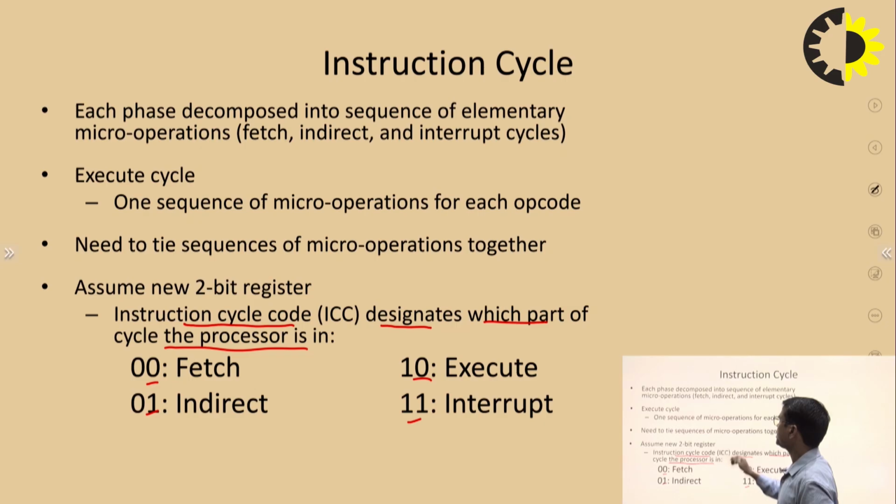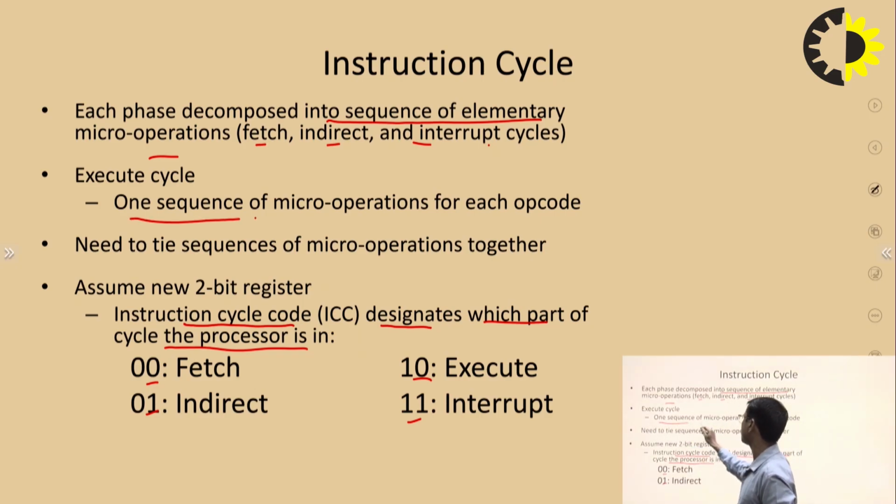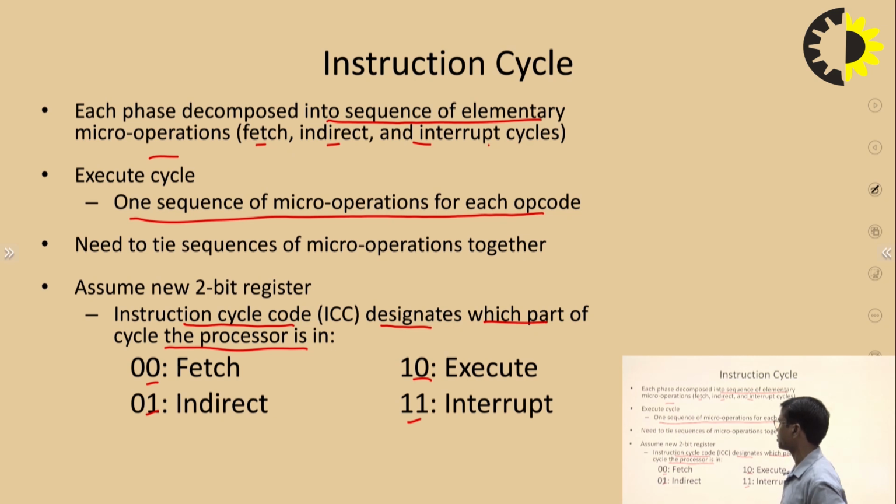Each phase is decomposed into a sequence of elementary microoperations, fetch, indirect, and so on. When we execute a cycle, one sequence of microoperations for each opcode will execute, and we need to tie a sequence of microoperations together, which we have already discussed.